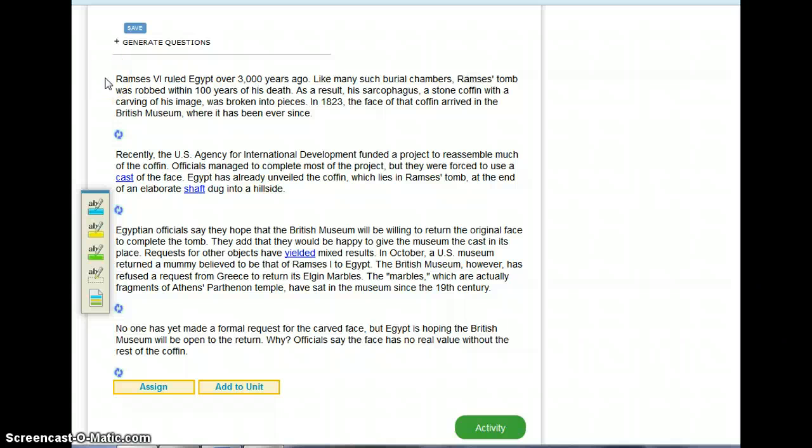Again, using the highlighting tool, I am going to use the blue color to highlight Ramses VI because he is the only person that was talked about during this paragraph. I am also going to highlight the keywords tomb, robbed, carving, broken, and arrived, all in yellow because this is what took place in this paragraph.